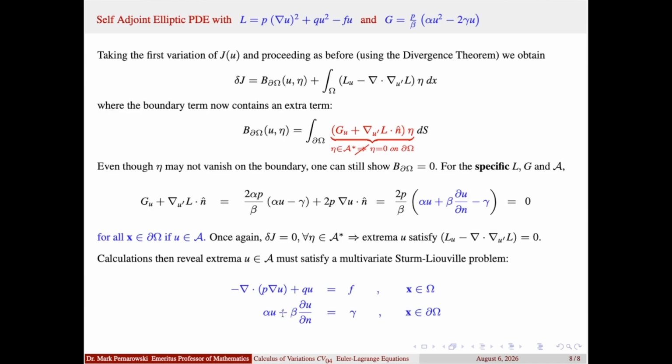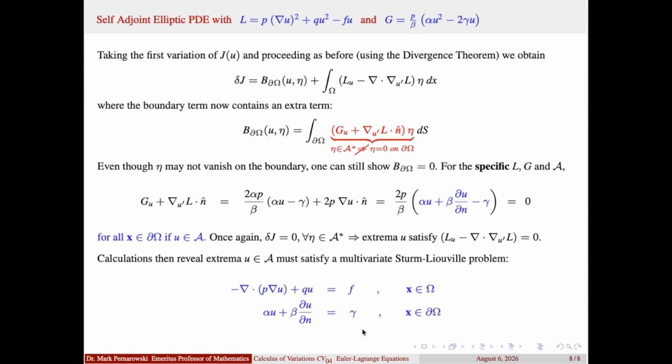And so what can we conclude? We conclude that to minimize that J that I put at the beginning, the solution must satisfy an elliptic PDE with specific boundary conditions. That's a hard thing to do in general.